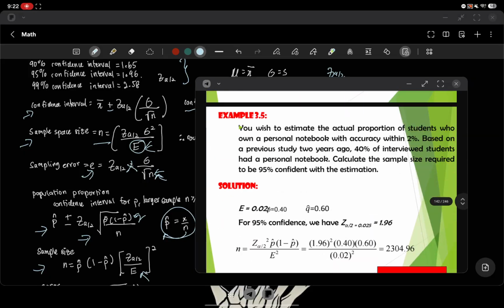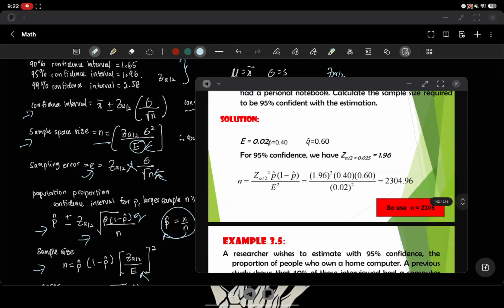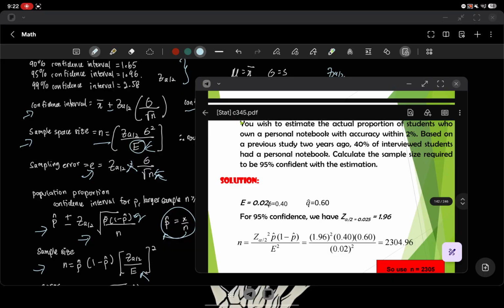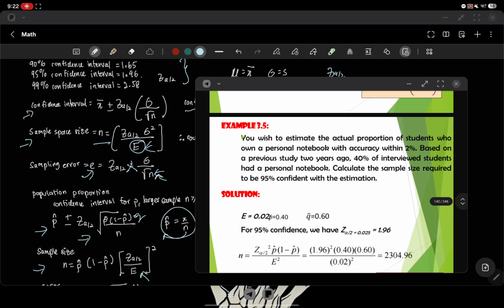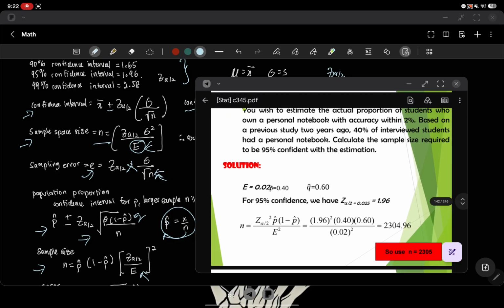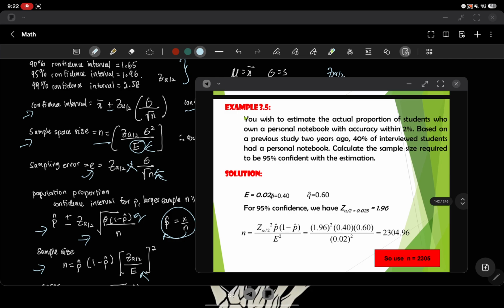Then we have 142. This is for the sample size. This is the formula here, so this is how you use it. As said, the error is given, and then we have 40%, meaning the p, and 95% confidence level, which is 1.96.